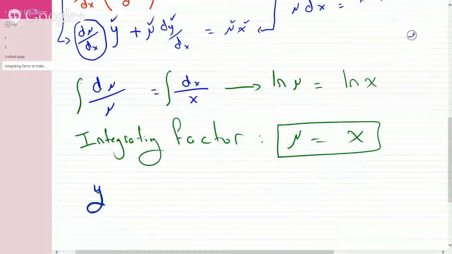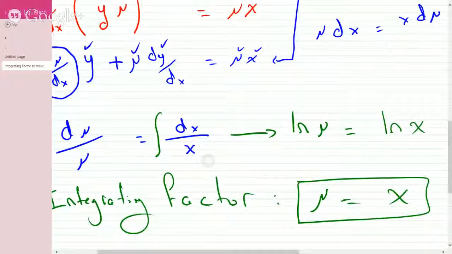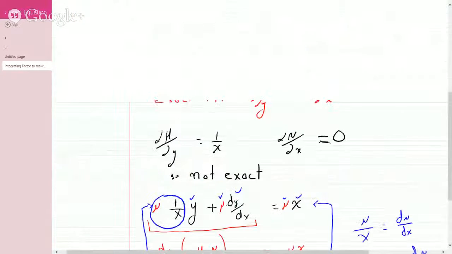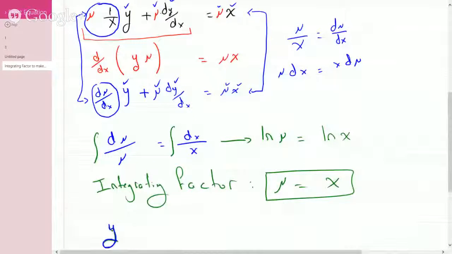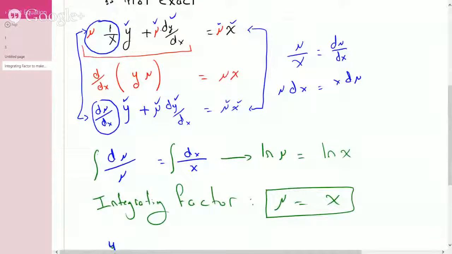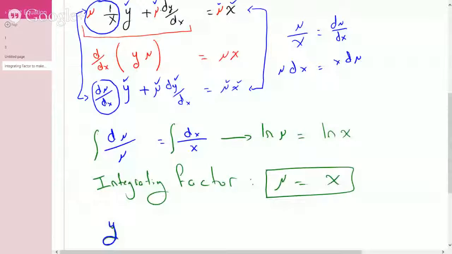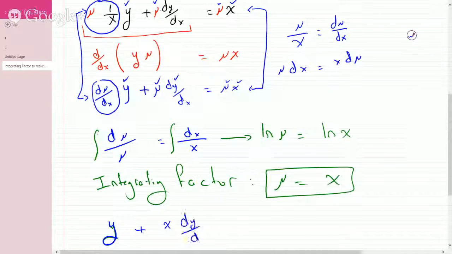Okay. And then the second one, mu is x, we said, so plus x dy over dx equals x squared, because the right hand side now is x times x.